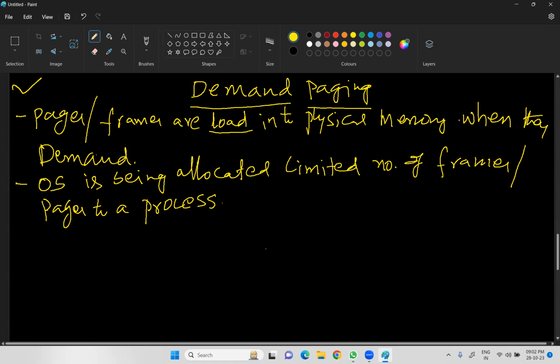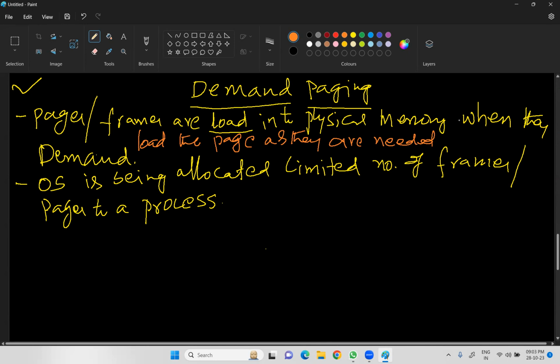So load your page only as they are needed to execute. That is the slogan of demand paging: load the page only when they are needed, or when they are demanded by the operating system or CPU.